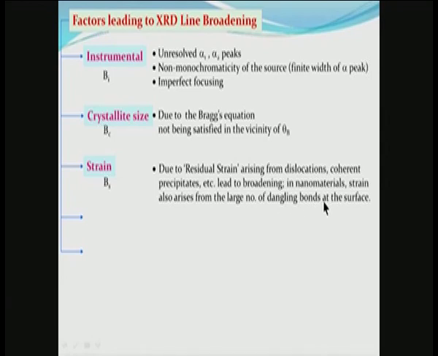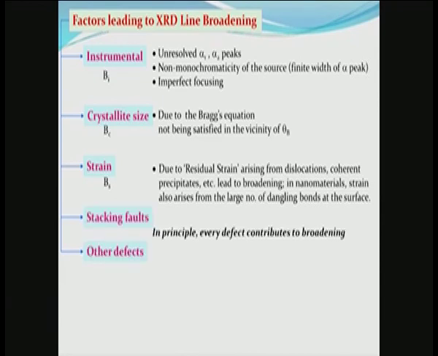Remember, in nanomaterials, as we learned in an earlier class, the surface area is very large, and therefore you have a large number of dangling bonds at the surface, which means that there is a strain in the material due to incompletion of these bonds. Therefore, there is a contribution B of S to the X-ray line broadening because of the strain.